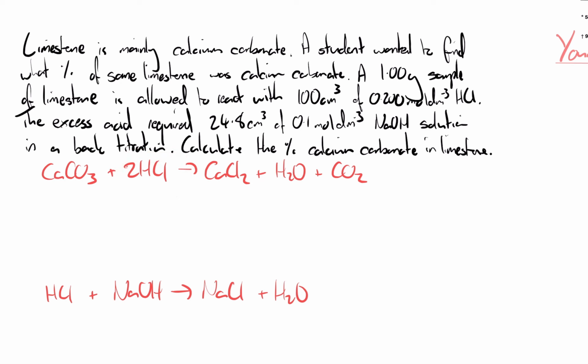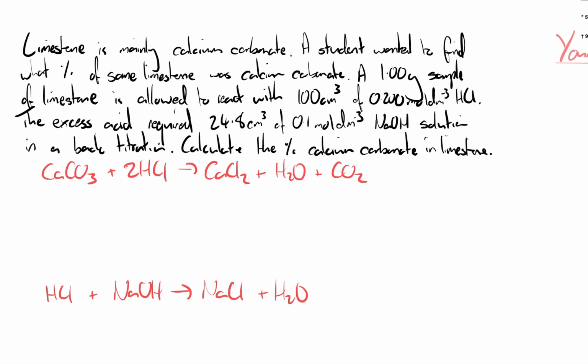So it might be left overnight. So we can't just measure our final drop and see when our indicator changes colour. We've got to leave it overnight with loads and loads of HCl, and see how much we have left over. That's essentially the process.